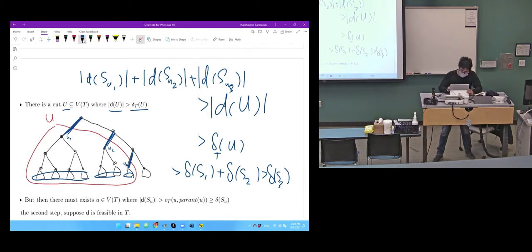First of all, I claim that the capacity of this edge here is going to be at least the cut size of S_U1 here. Why is that?